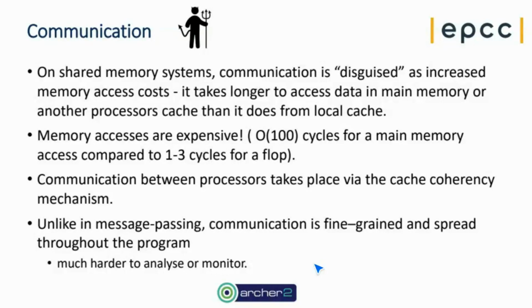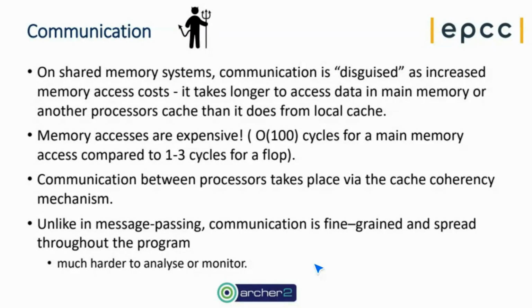But in shared memory, the communication is very fine-grained. It's at the level of the individual memory accesses, and it's spread throughout the program in a way that's difficult to see. You can't just look at a piece of code and say, okay, I know for sure that this load will result in a level 3 cache miss or a coherency miss or something like that.